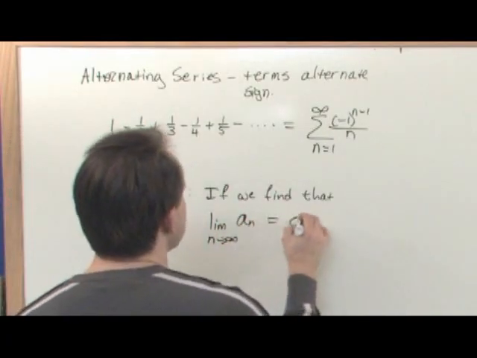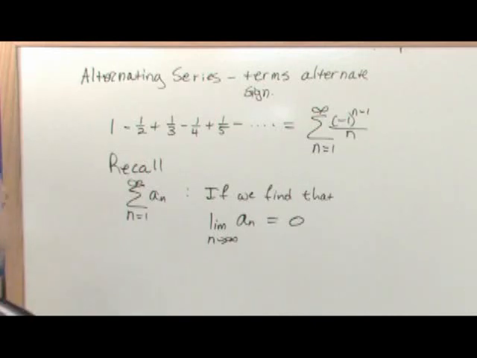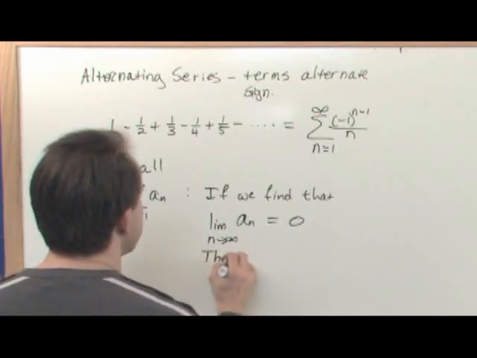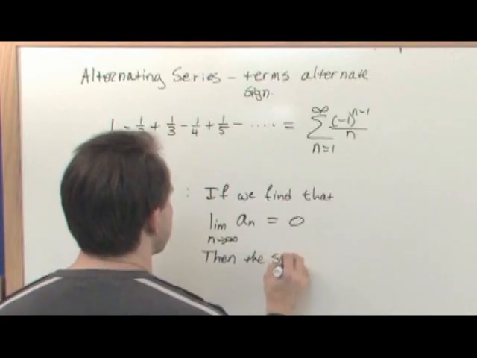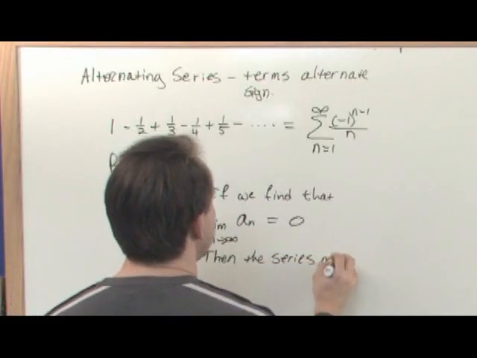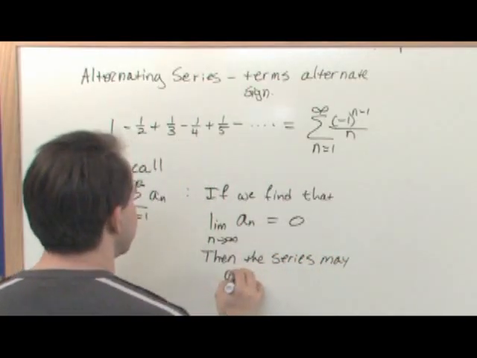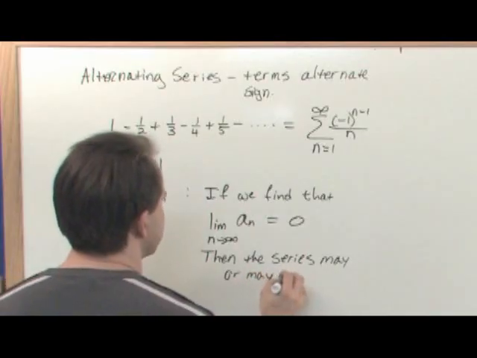If I find that this goes to 0, then what have I found? Then the series may or may not converge.